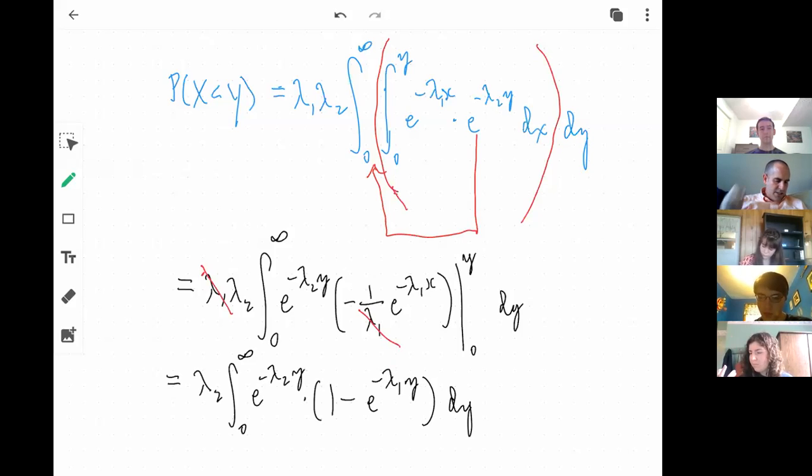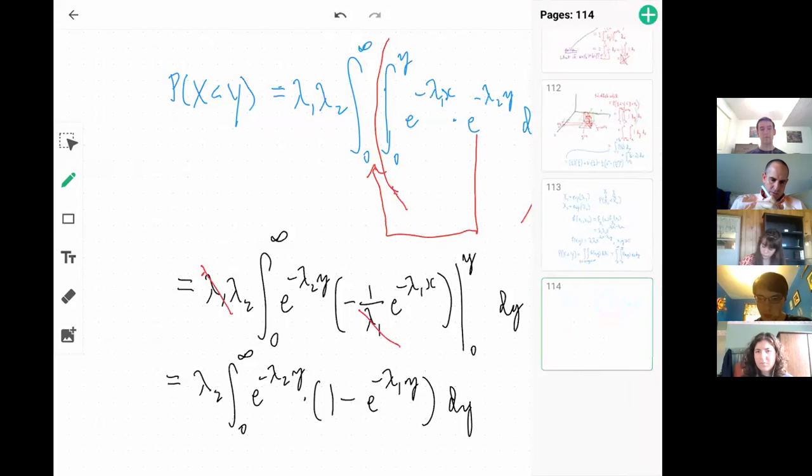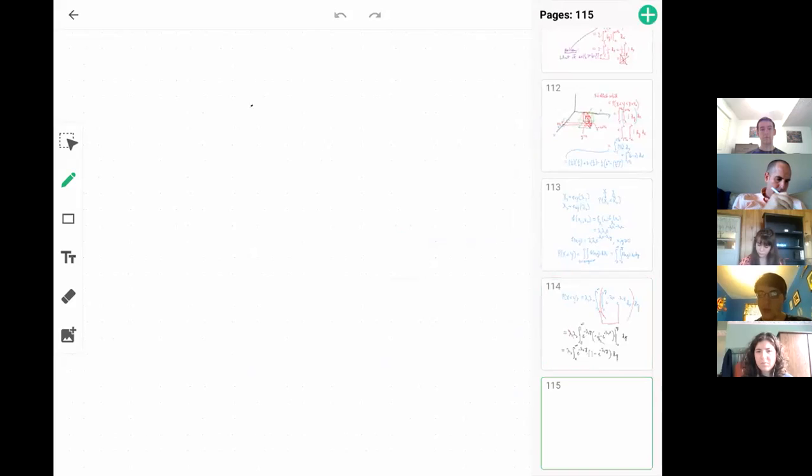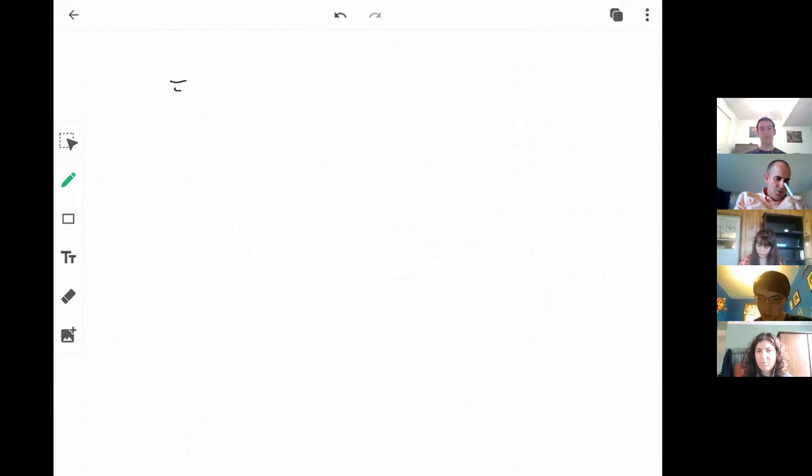So at this point we could break these things up and we'll see what happens here. So this is equal to lambda 2. What would the first integral be? It would be the integral from 0 to infinity, if I distributed that e to the minus lambda 2y through, dy.